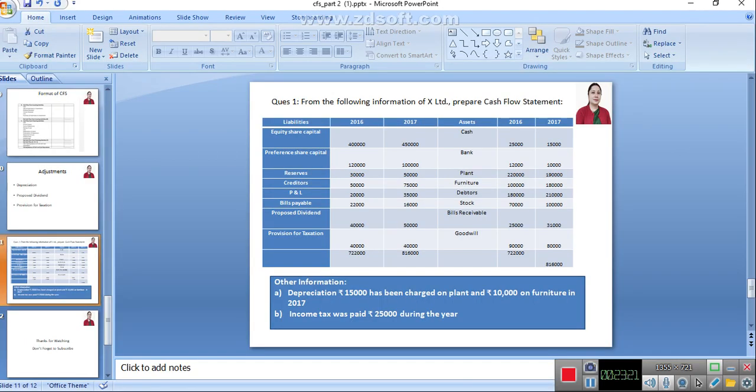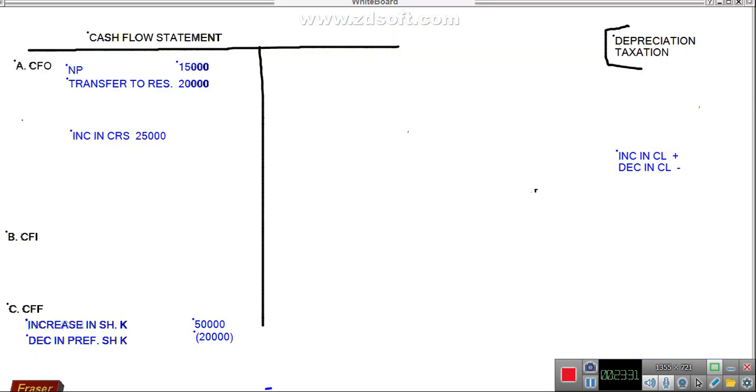After this comes bills payable, 22,000 and then it is 16,000. So bills payable decreased by 6,000. A decrease in current liability, that is, a decrease in bills payable, will be subtracted by 6,000.